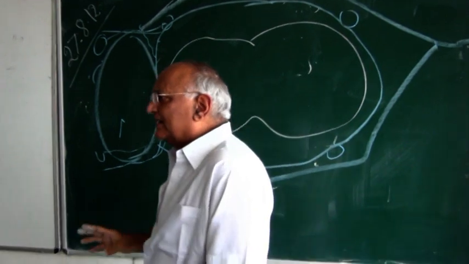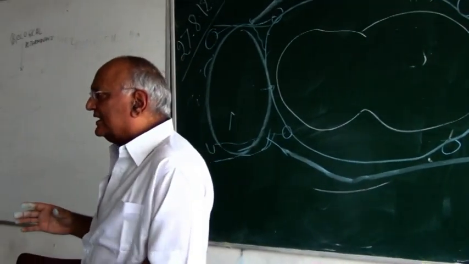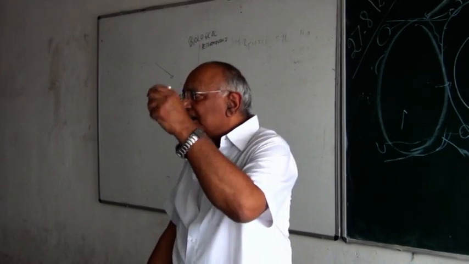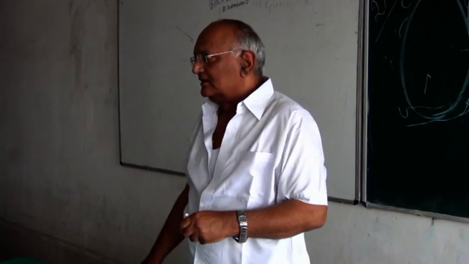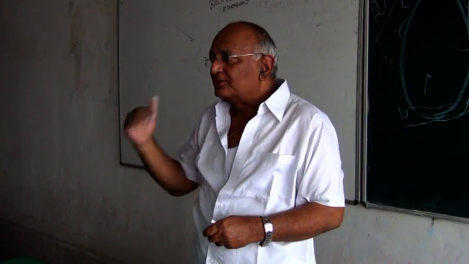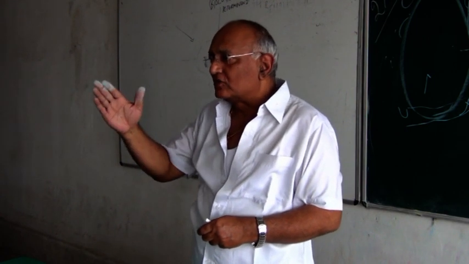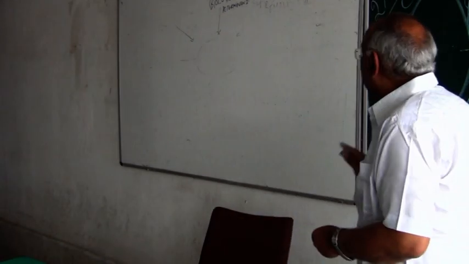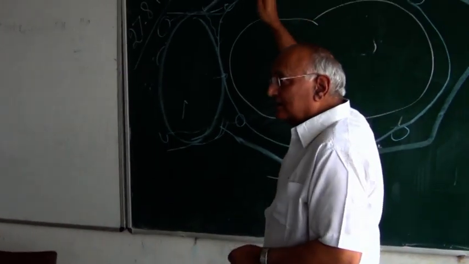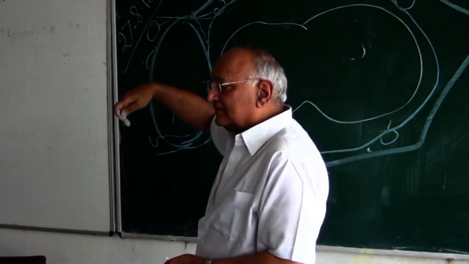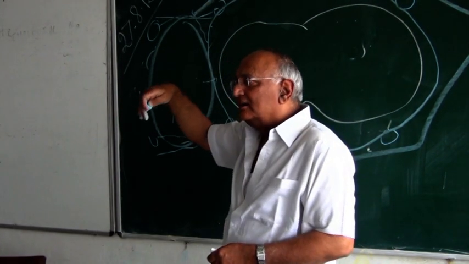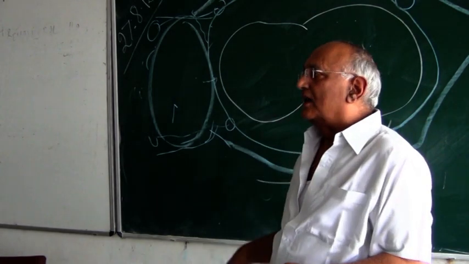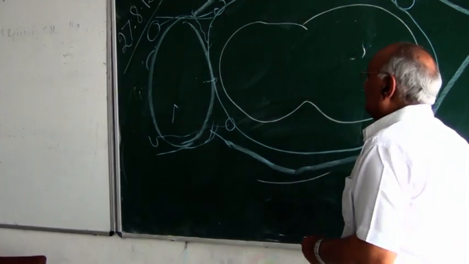Now this dura mater in the skull, I told you that there are 2 layers of dura mater. One is periosteal and another is endosteal. The periosteal layer stops at the foramen magnum, but the endosteal layer continues as the spinal dura.